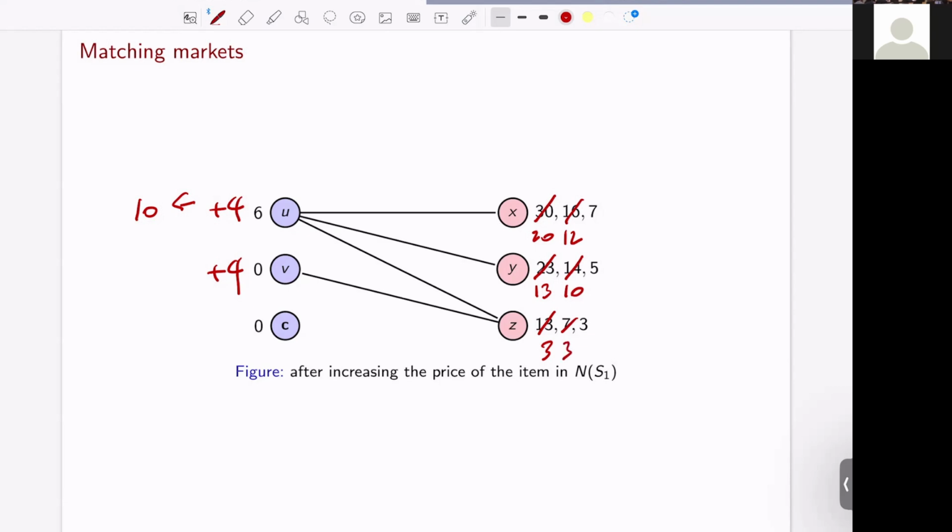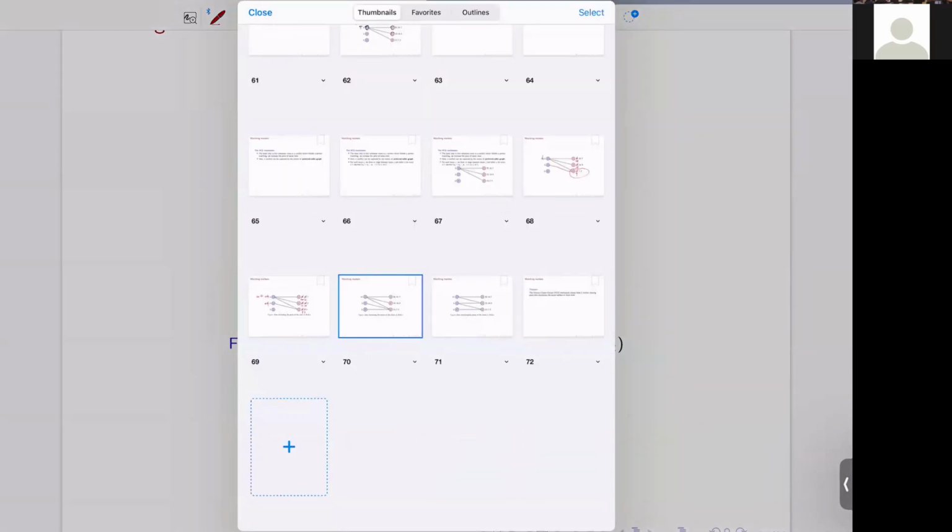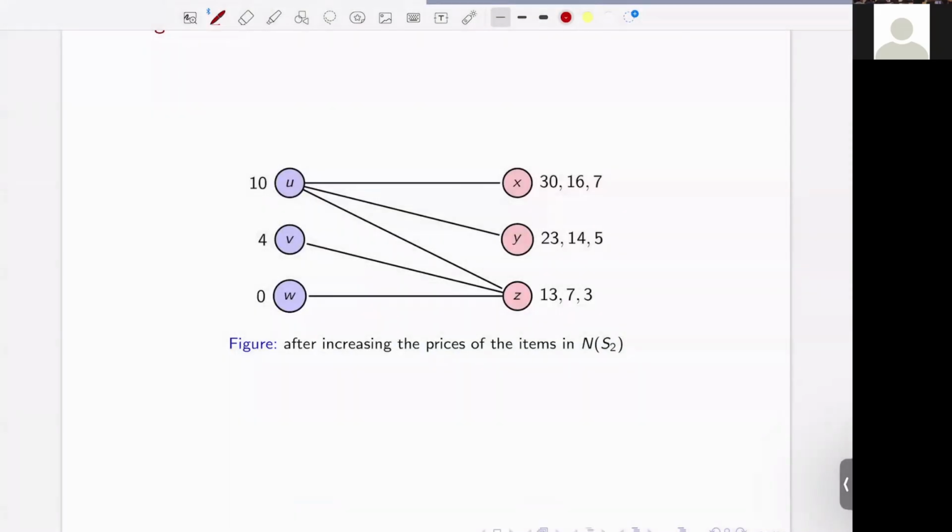Okay. For X and Y, still the item U is the most preferred item. But for Z, Z is neutral with all these three different items. If you draw the preferred seller graph, you get this graph. You still have a conflict. So for X and Y, they like U most.